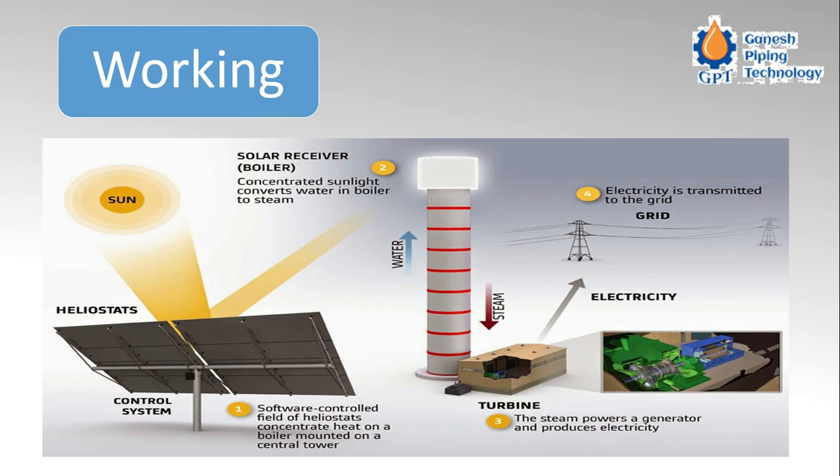In that case there is a problem and we cannot produce the electricity. In countries like India or other tropical countries, we also don't have sun during the night time. So this is a drawback: when the sun is not present, it is difficult to generate electricity directly. In that case, a hybrid system is used.